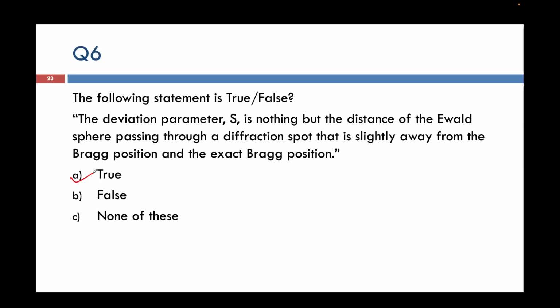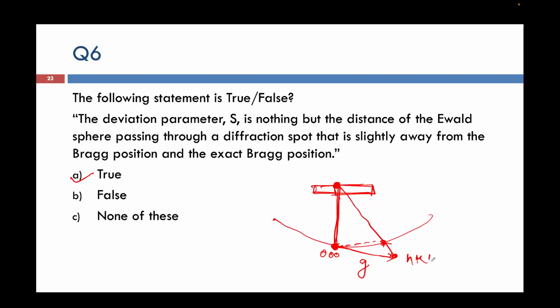Let's say this is my specimen, and this is the origin of the reciprocal lattice. Then if the next reciprocal lattice point is here, instead of going like this, I have to go like this. This is my G. This is, let's say, 0 0 0.